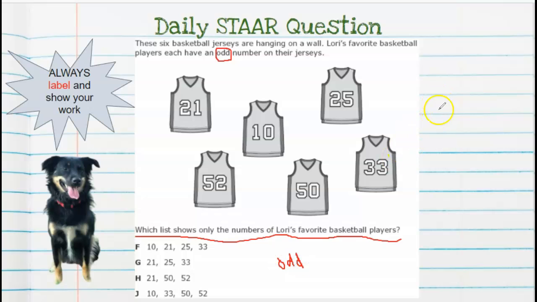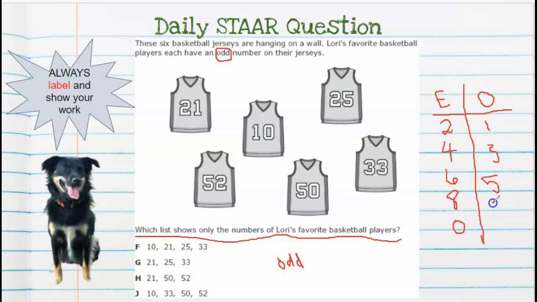Now, I want you to make sure you're on a piece of paper, and we need to make our chart. Even, odd, because this is an even and odd question. Okay, so remember, even numbers count by 2s. 2, 4, 6, 8, and 0. 1, 3, 5, 7, 9.